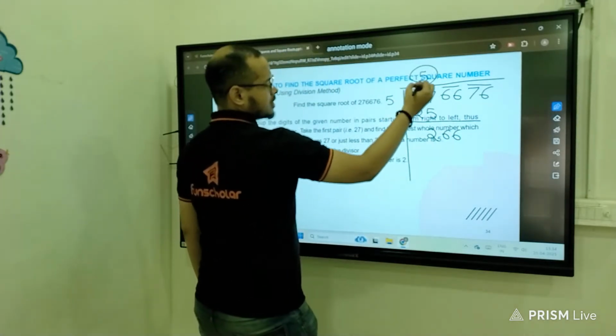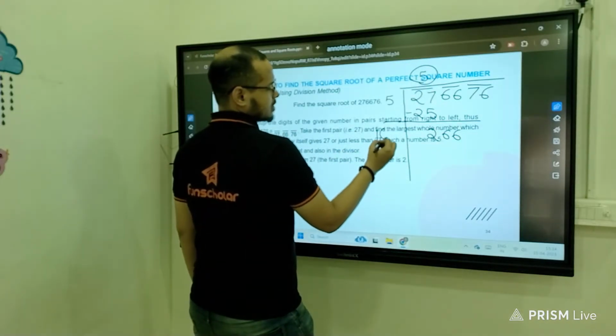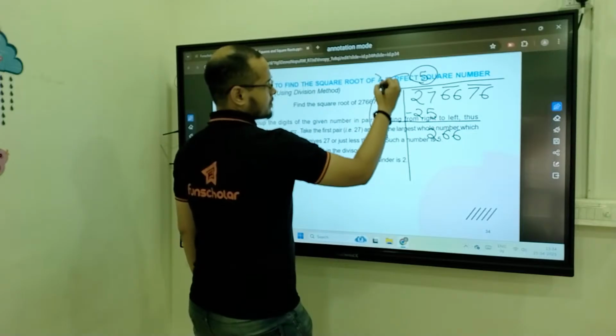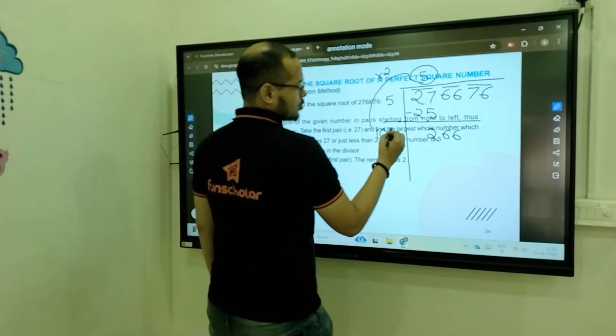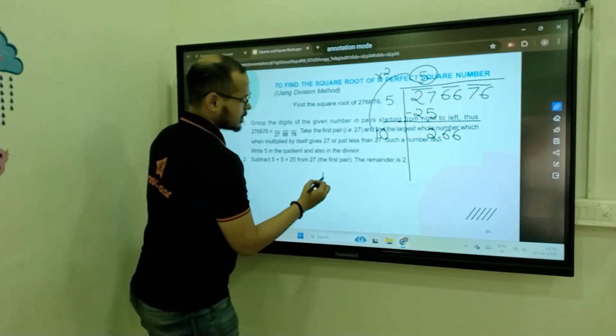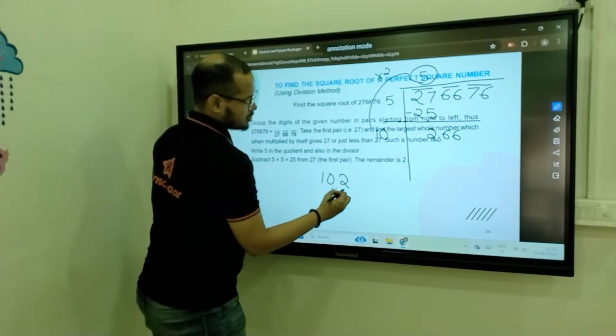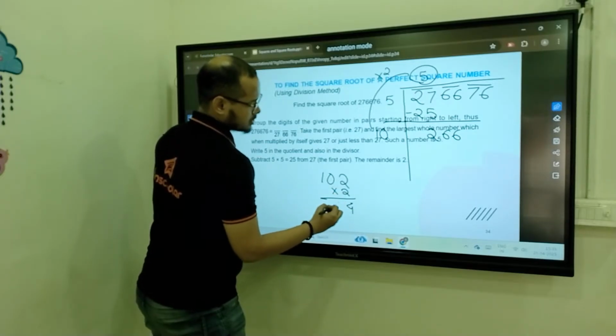After this, doubling whatever this is, so this is 5 here, right? So 5 ka double, 10. So what do we multiply 10 and, for example, it is 2, 102 into 2, so 204.